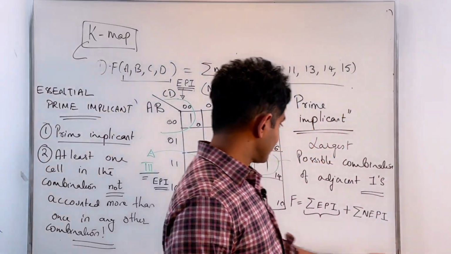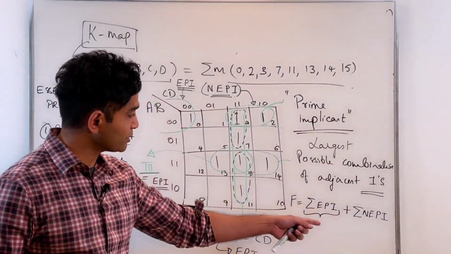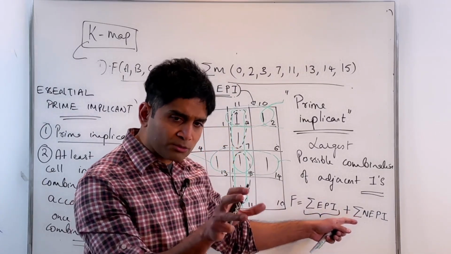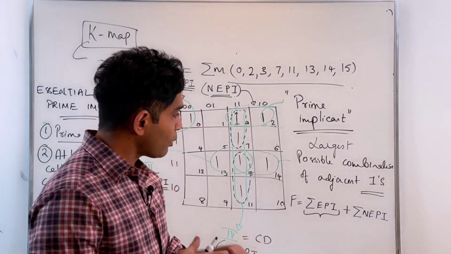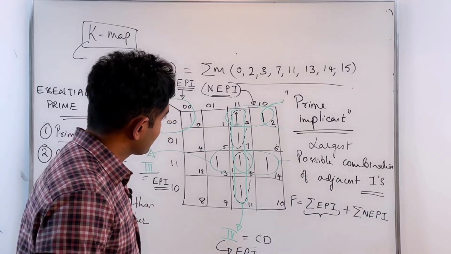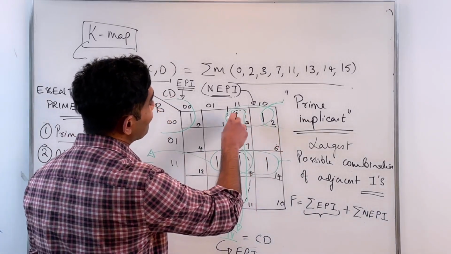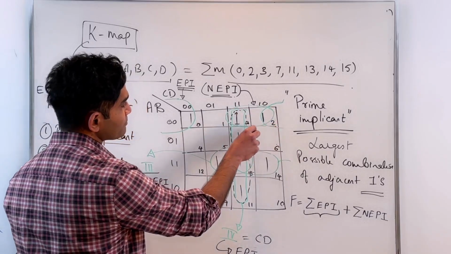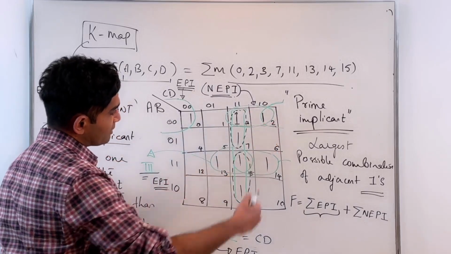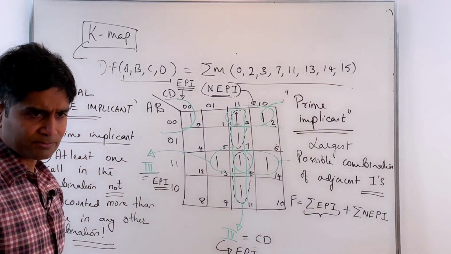So in this case, I don't even have to choose this non-essential prime implicant, because even not choosing this, I can ensure that all my cells are accounted for.